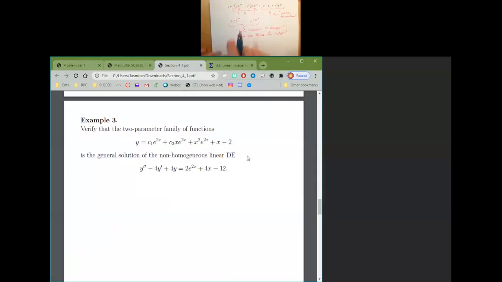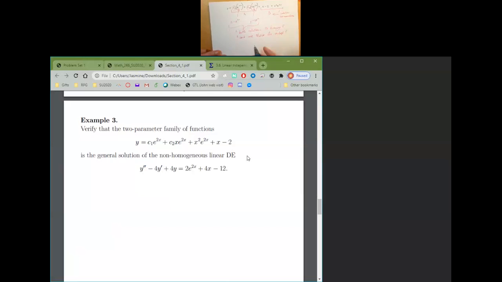Right? Catch these arbitrary constants, and whatever they're being multiplied by, that is one of the solutions that you're expected to check. And anything that doesn't have an arbitrary constant attached to it falls into this y sub p, that you just need to check whether that's a solution to the non-homogeneous differential equation.